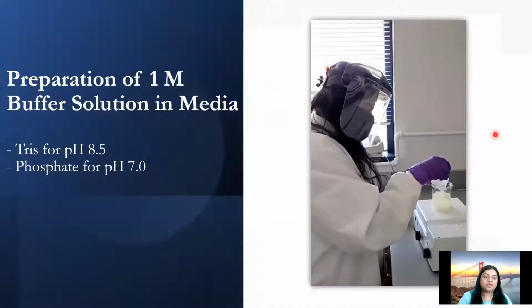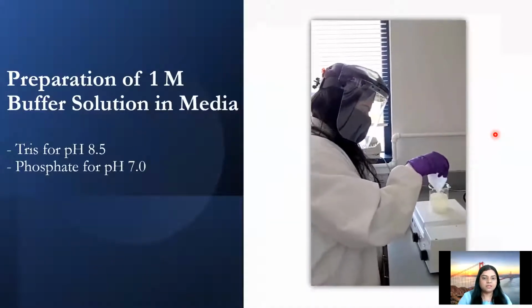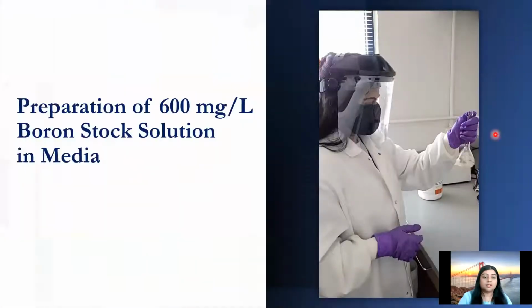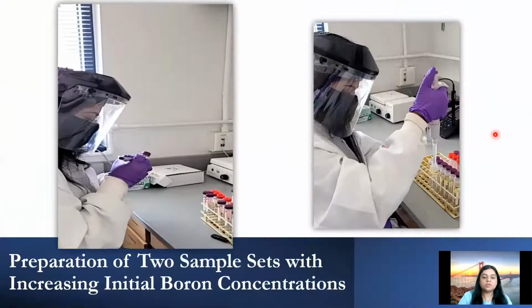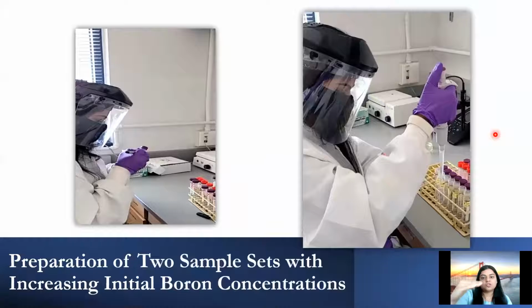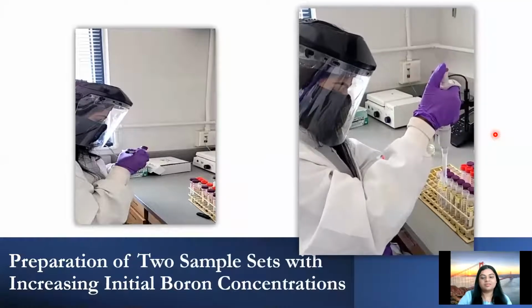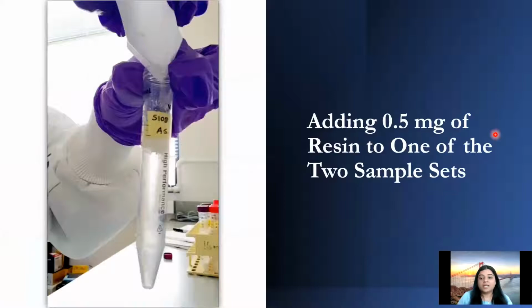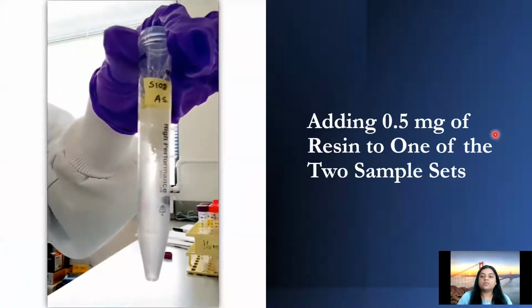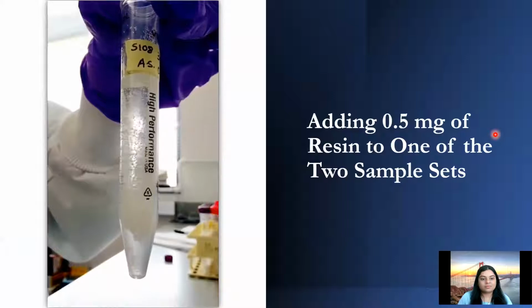First, I prepared 1 molar buffer solution in media. Then I made 600 milligrams per liter of boron stock solution. Then I set up 2 sample sets with increasing initial boron concentration. Later on, I added 0.5 milligrams of resin to one of the 2 sample sets.